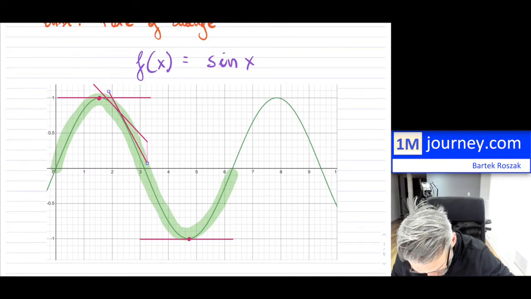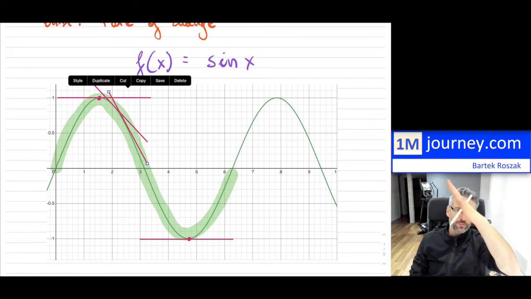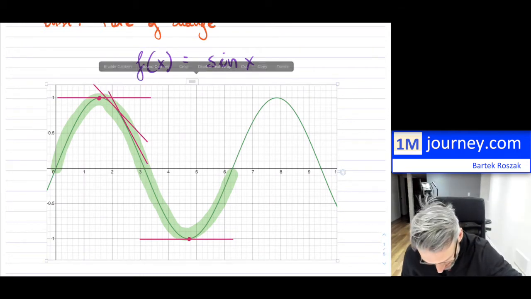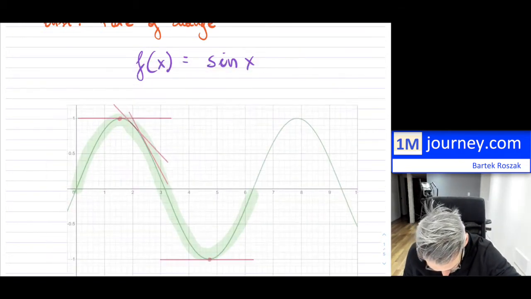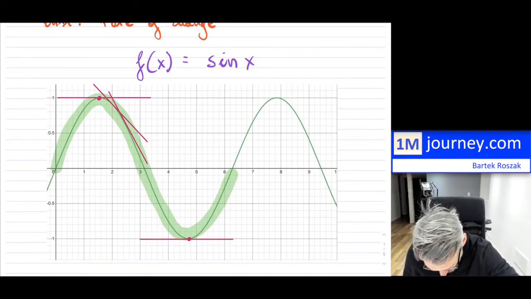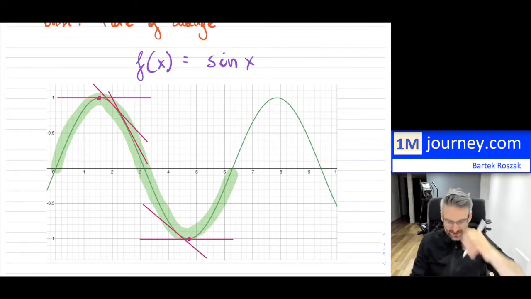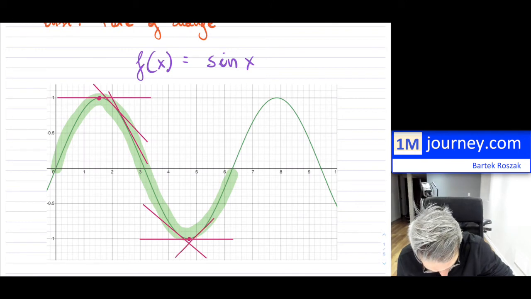Then I can attach it in here, and eventually it's going to get to its maximum slope, maximum negative on this side, and then it's going to go back again and try to level off as we get closer to here, and then eventually gets to that 0, and then it takes off again in this direction. Now it becomes positive, and then it will do the same thing. Over here, it's going to level off.